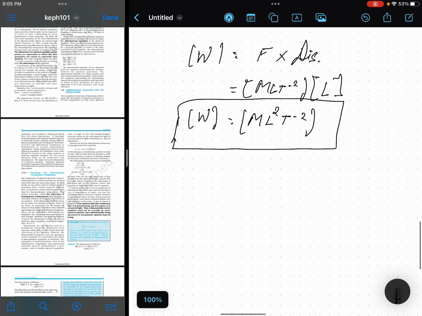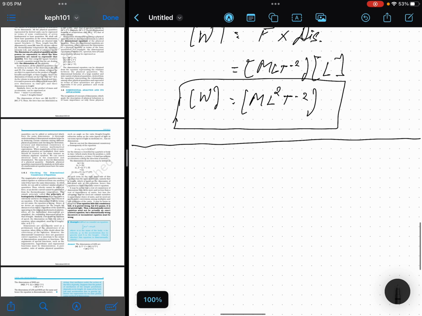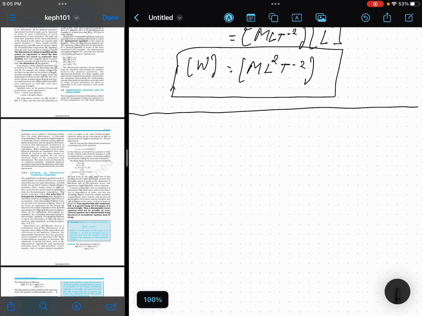Okay, if you haven't understood till now, let's take one more last example. Let's try to find the dimension formula of kinetic energy. I hope you already know the formula for kinetic energy from your 9th class science, which is half mv square.